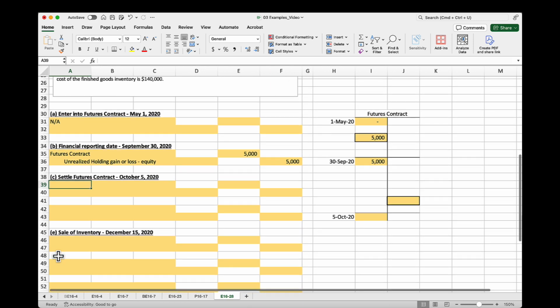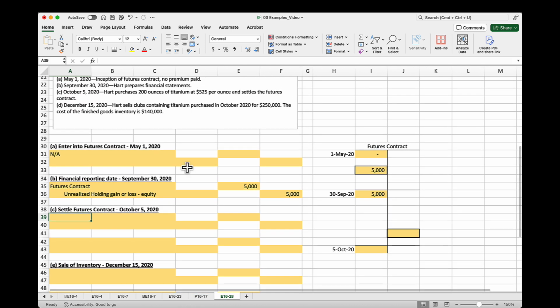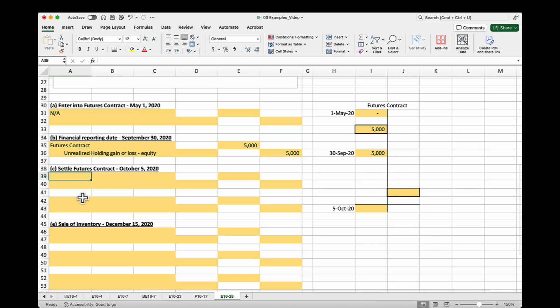Okay. So then on October 5th, we're going to go ahead and settle the contract. And so what that means, well, first we're going to actually purchase our titanium. So we're going to go out in the market, purchase our titanium, then go back to our futures contract and say, hey, we bought this titanium, market price was $525, you owe us the difference down to our contract price.